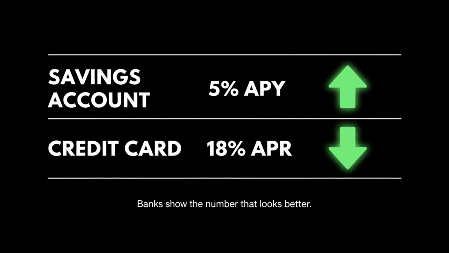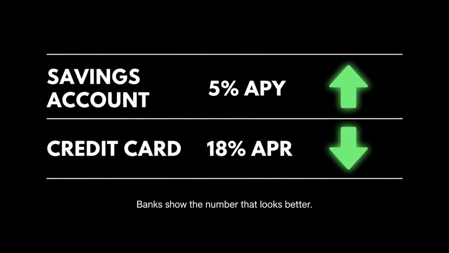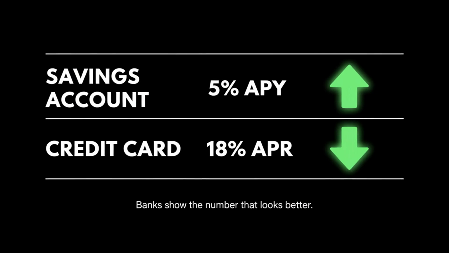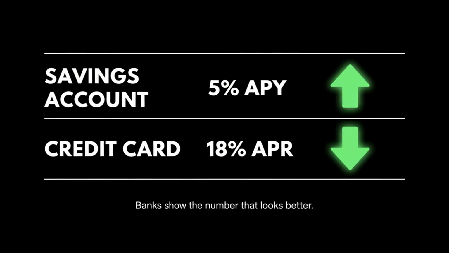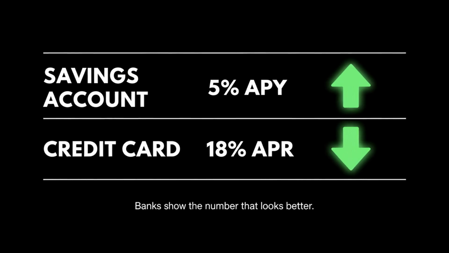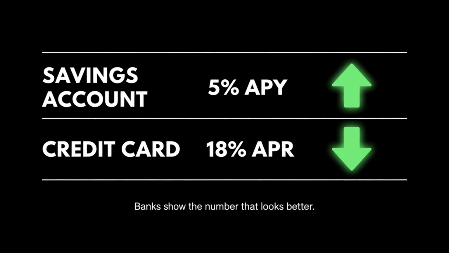Here's where the simple story breaks: promotional rates and fee structures. Some banks advertise a high APY for the first 3 months, then drop it. The APY they show assumes the high rate lasts all year, which it doesn't, so your actual yield ends up lower. Credit cards sometimes list a purchase APR and a separate cash advance APR, and the cash advance version often compounds daily from the moment you pull money out, no grace period.